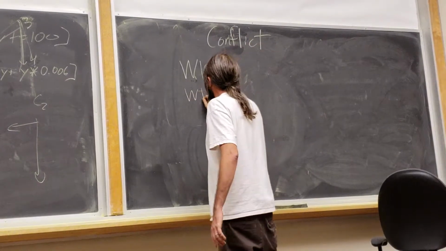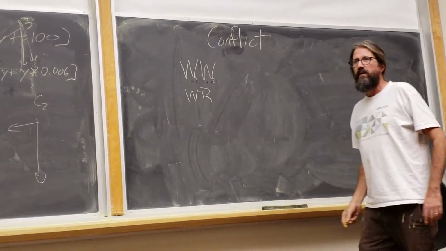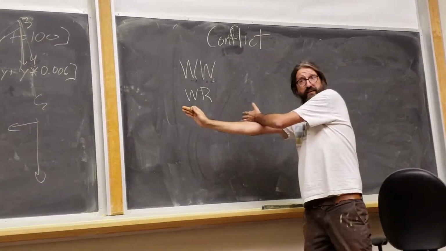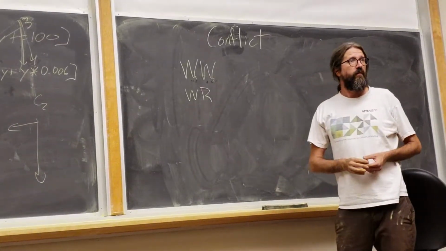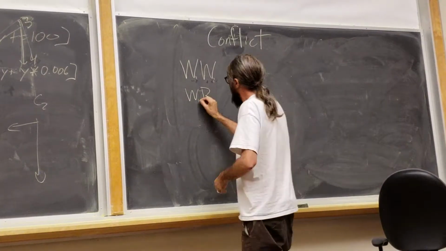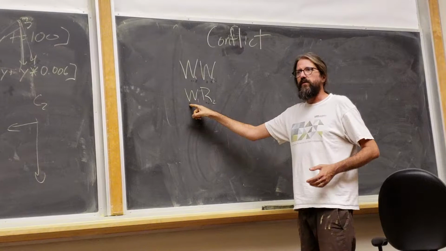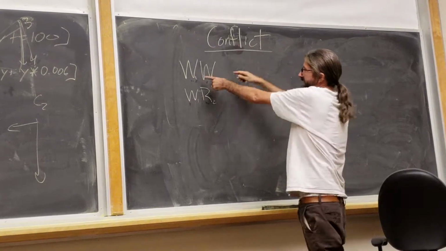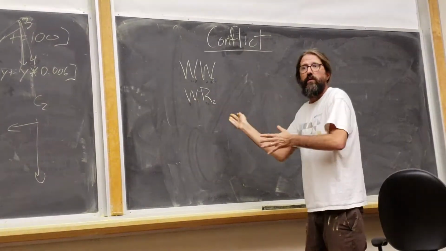Right? And then we had write-read conflicts. Why is this a conflict? Remember, it's a conflict because if they'd happened in the other order, something different would have happened. This is a conflict because R2 read the value that this write wrote, and remember, conflicts are on the same variable or row or same object.